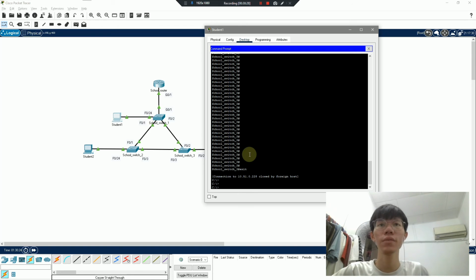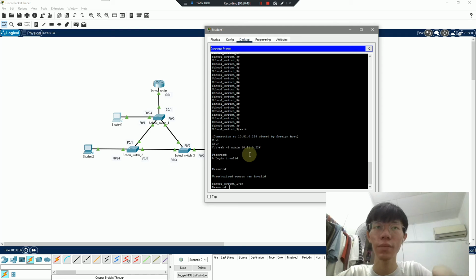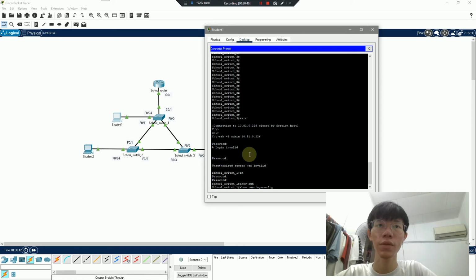On switch 1, in enable mode, using the command show running-config with include section.